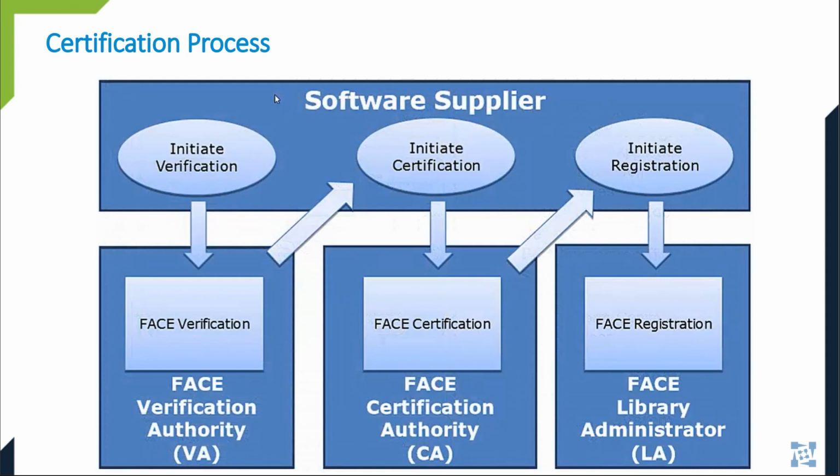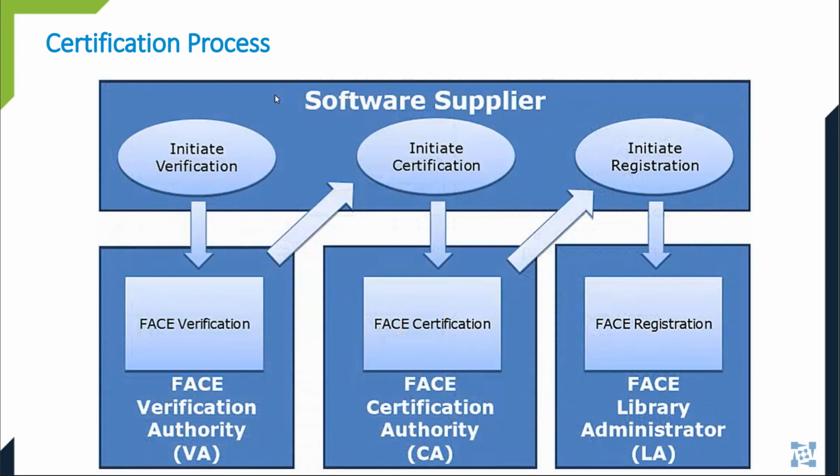The verification authority performs the verification activities, and this involves using a conformance test suite, which I'll also be talking a little bit about. And then if the unit of portability receives a passing verdict by the VA, the software supplier can then submit their verification results package to the certification authority. The CA then assesses the verification results packages, manages legal agreements, and issues a FACE conformance certificate.